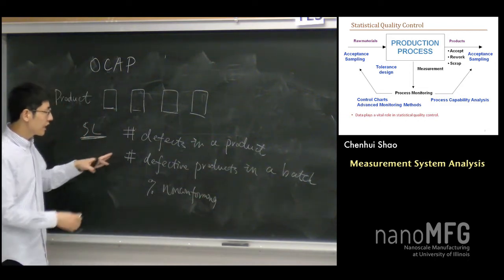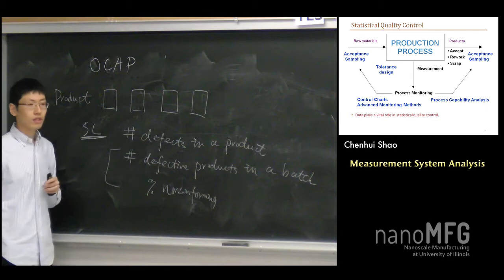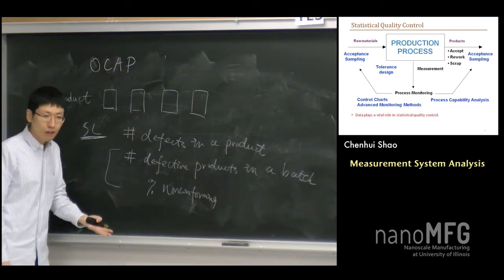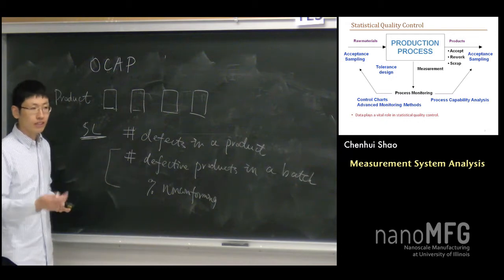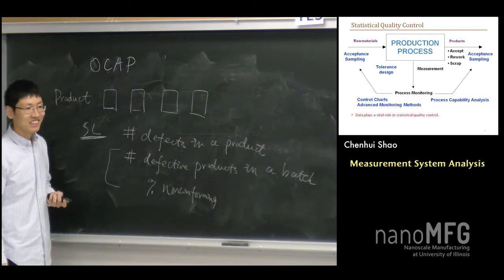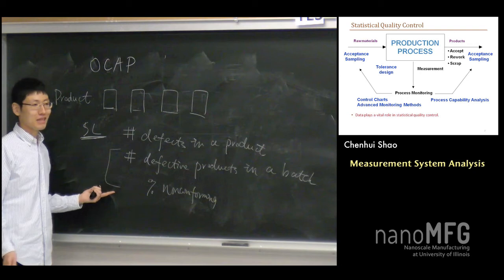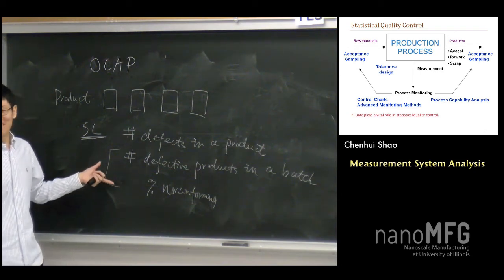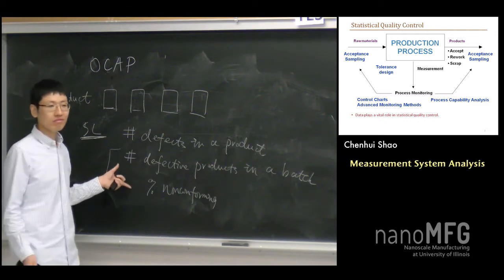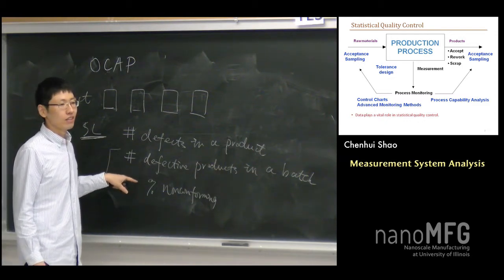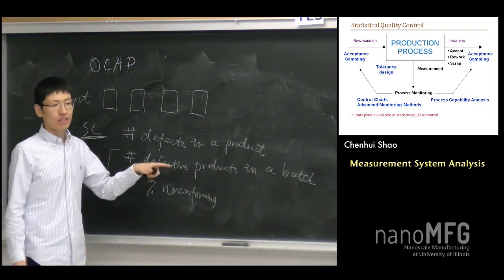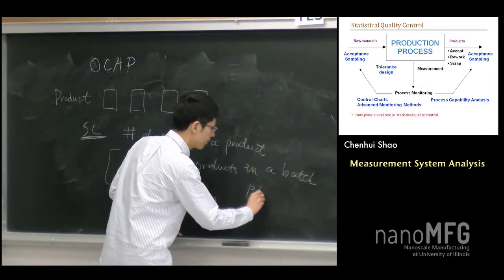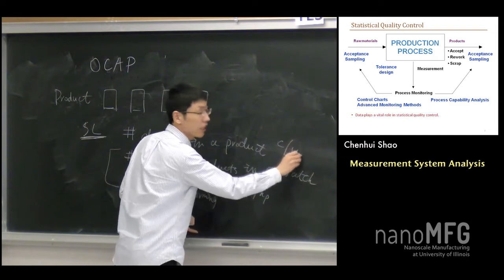If you want to monitor this, which control chart should we use? Non-conforming fraction. Okay. So which control chart can you use for this monitoring? It should be P or NP chart. Okay? So this is P or NP chart. This is C or U chart.